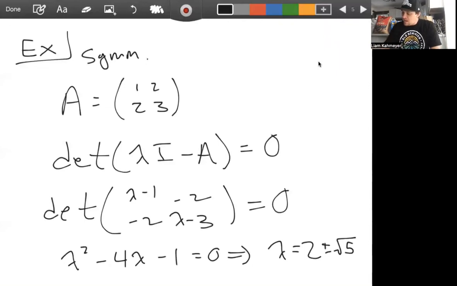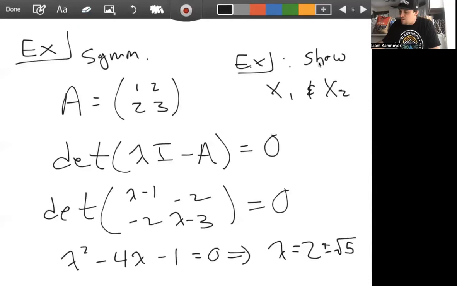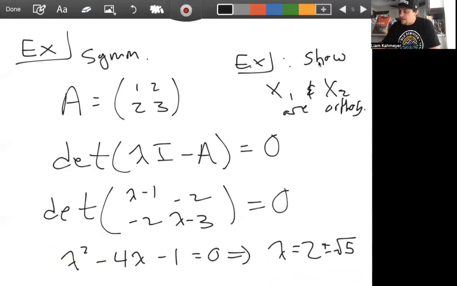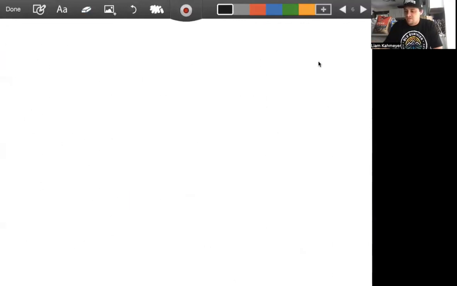And an exercise that would be good is to show x_1 and x_2 are orthogonal. That was also a result of this theorem, that the eigenvectors corresponding to these eigenvalues are orthogonal, i.e. what you would want to do is show x_1 dot x_2 equals 0. Let's look at an example for the skew symmetric setting.